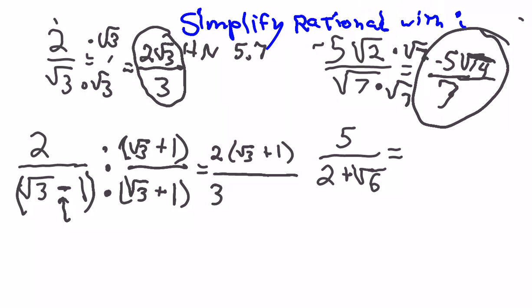We're multiplying. The first times the first. Square root of 3 times positive 1 is the outside. The inside is square root of 3 times negative 1. Make sure you understand that.